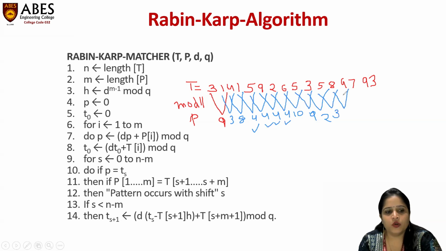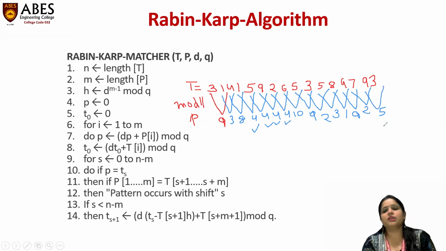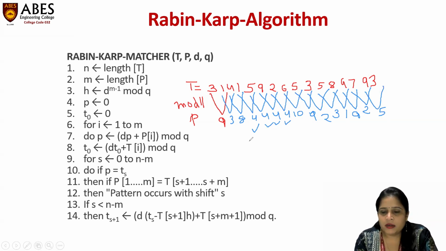Then 89 mod 11, remainder is 1. Then 97 mod 11 is 9. Then 79 mod 11 is 2. Then 93 mod 11, remainder is 5. So in the given text array we find a match 4 times. We found 4 matches of our hash value, right?